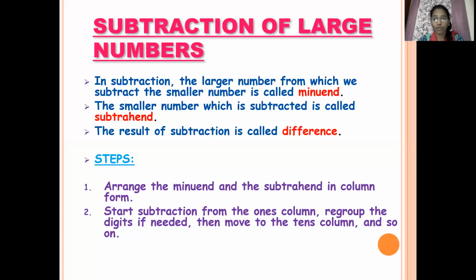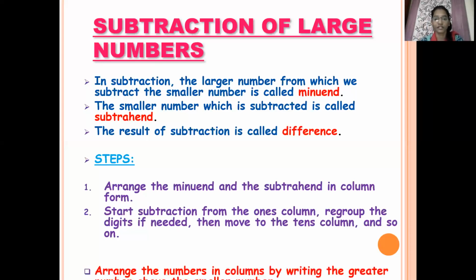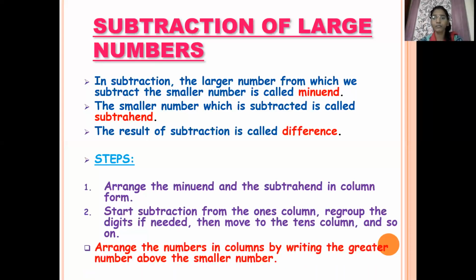And one more important thing, children: when you are subtracting, you can subtract only 2 large numbers, whereas in addition you can have more than 2 addends. But in subtraction you have only minuend and subtrahend, not more than that. Then you will find the difference. Arrange the numbers in columns by writing the greater number above the smaller number.